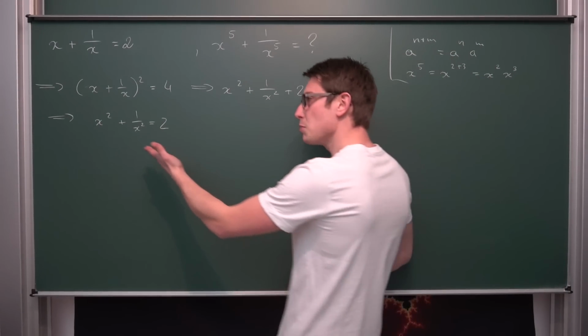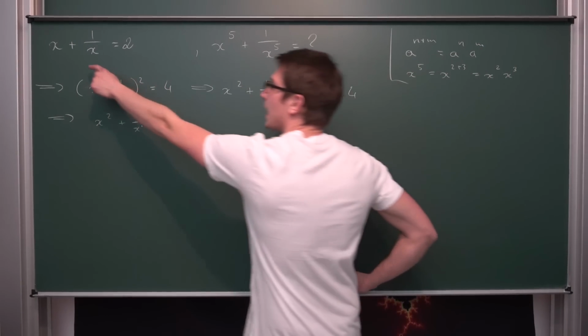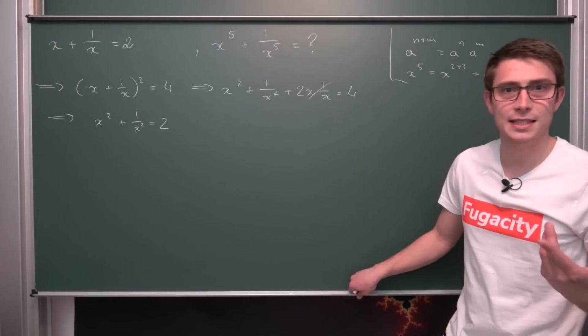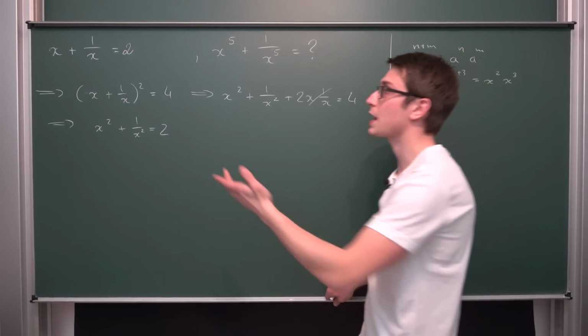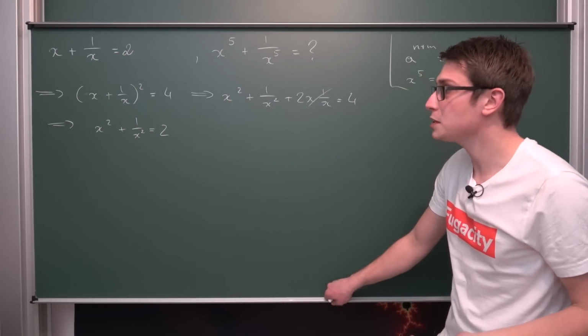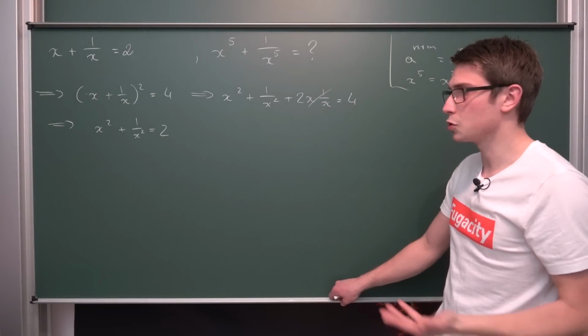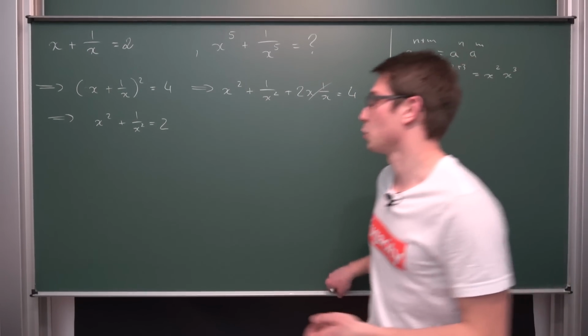So why not multiply x squared plus 1 over x squared with x plus 1 over x, and then let's see what is going to happen. Since we know what x plus 1 over x is, this is nothing other than 2, so we know the value of this. And also maybe this cancellation madness is going to once again pop up in the process.